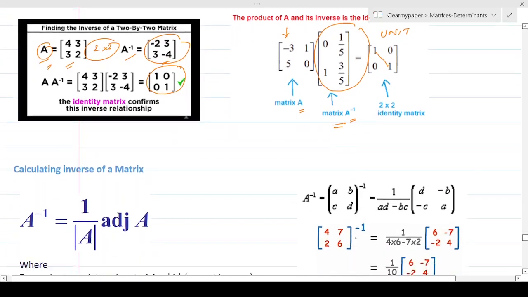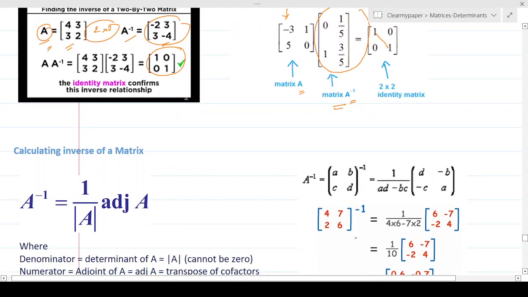In terms of the formula, this is a big concept because in a couple of videos from now, when we will be talking about solving simultaneous equations using the matrix inversion method as opposed to Cramer's rule, the first step is calculating the inverse of a matrix using this formula, and hence that formula is important.